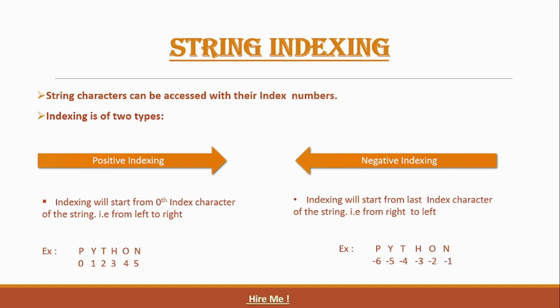Here we have the last character N with index value -1, followed by O as -2, H as -3, T as -4, Y as -5 and P as -6. So this is a short piece of information about positive and negative indexing.